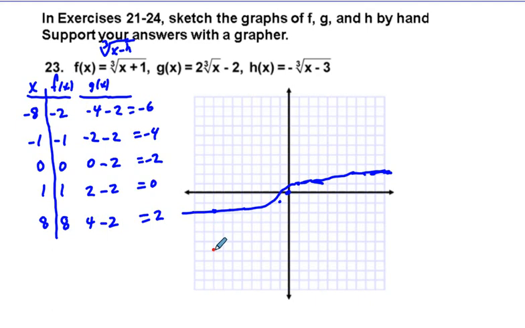There we go. We're going to have negative 1 comma negative 4. We're going to have 0, negative 2. We're going to have 1, 0. And finally, we're going to have 8, 2. So we go to 8, 2. So our curve should be something like this.